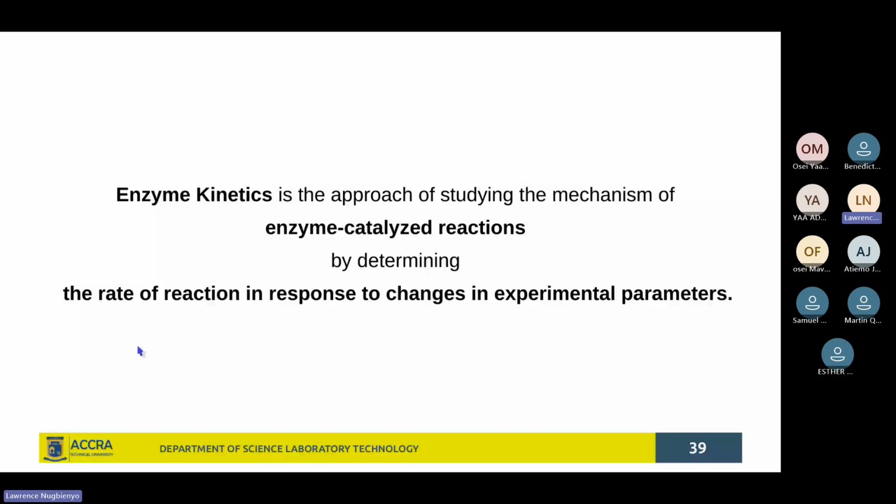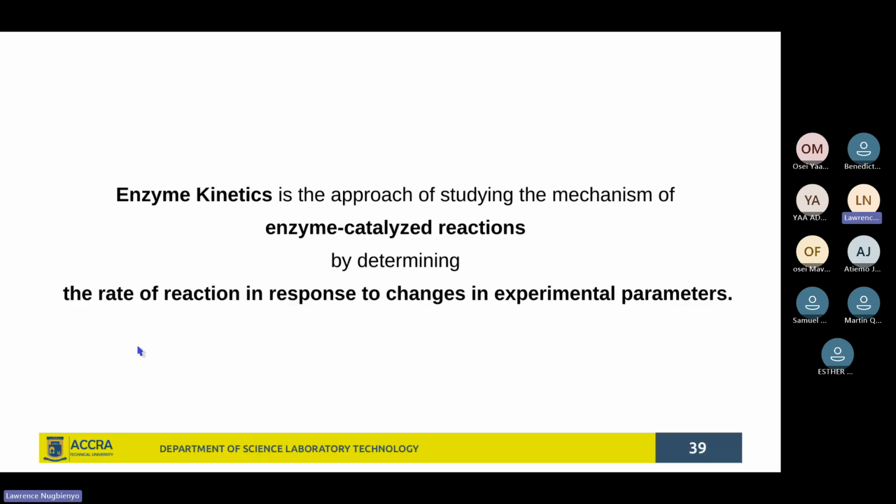In other words, the study of the relationship of the rate of an enzymatic reaction on changes in experimental parameters constitutes enzyme kinetics. So if you run enzymatic reactions such that you vary these parameters.